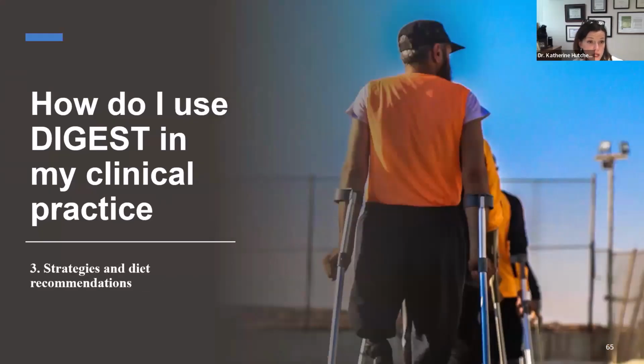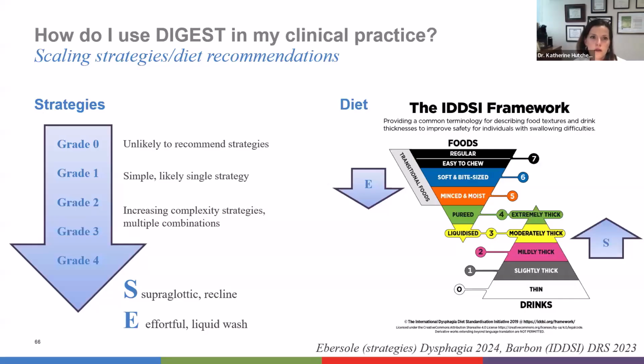I also like Digest, both within a large team, but also in clinical training, to calibrate that the recommendations I'm making, or the recommendations I see in the chart of somebody I might be auditing, make sense with the severity of the dysphagia. What I mean by that is there are certain expectations we have. They're not universal.